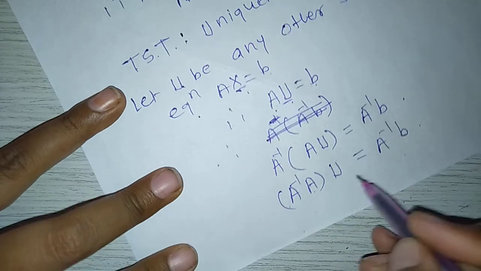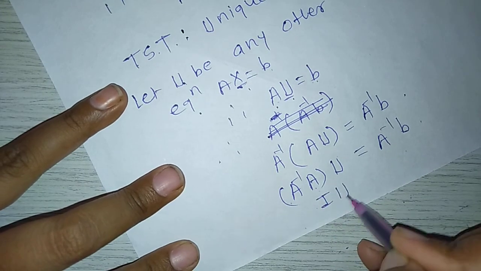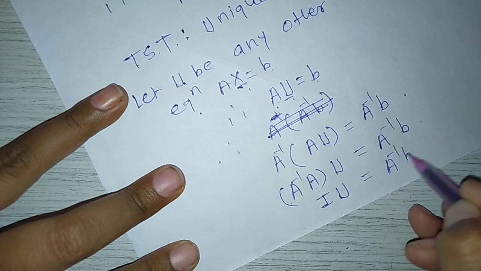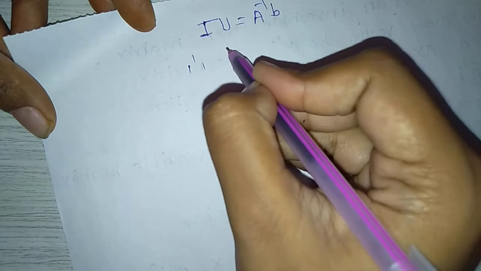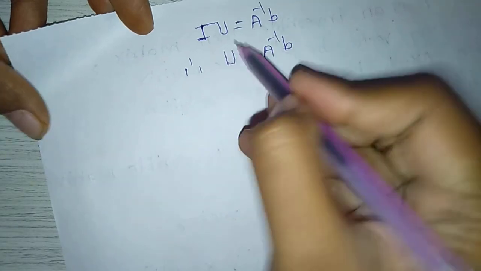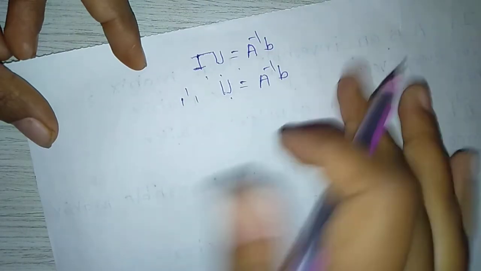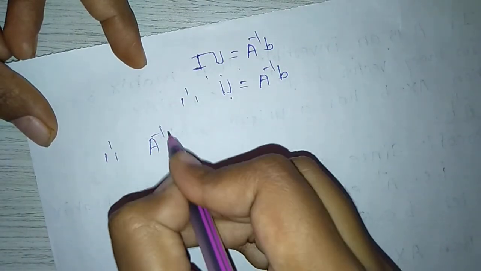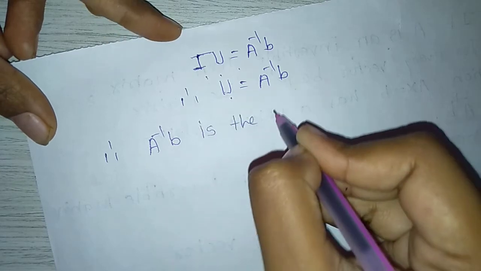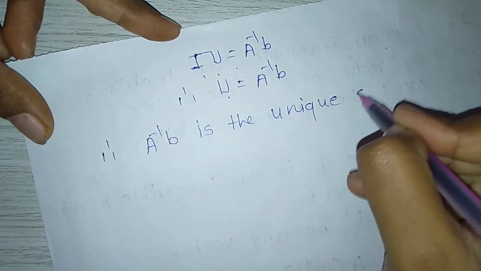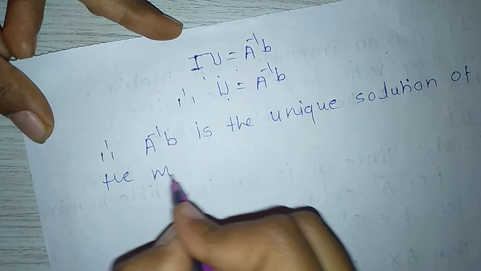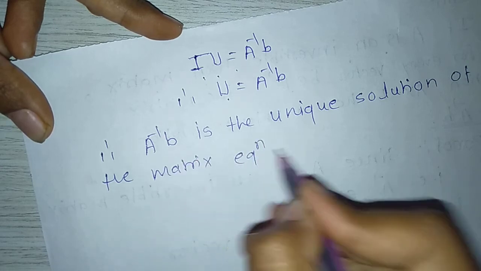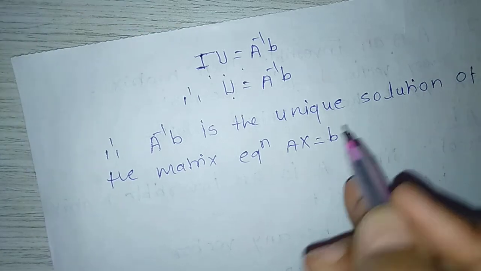A inverse into A equal to identity, so identity into u equal to A inverse b. Identity into u equal to u. Therefore u equal to A inverse b. Therefore A inverse b is the unique solution of the matrix equation A into x equal to b.